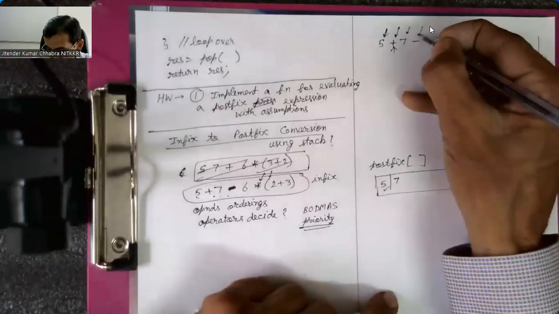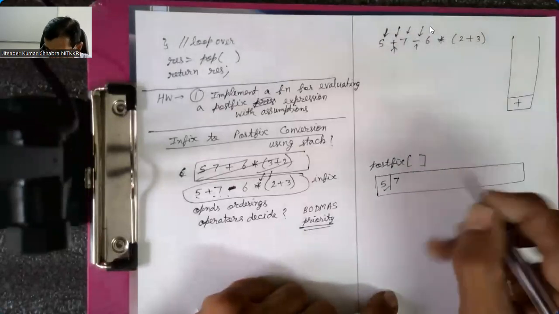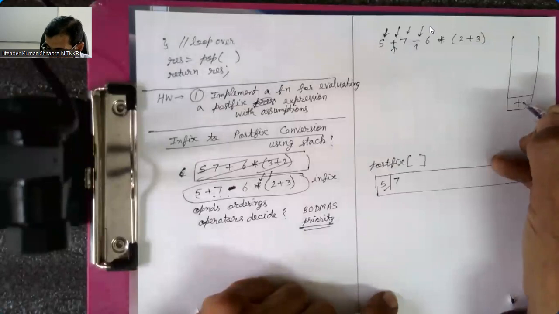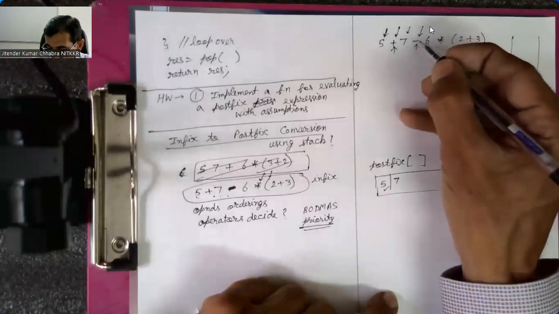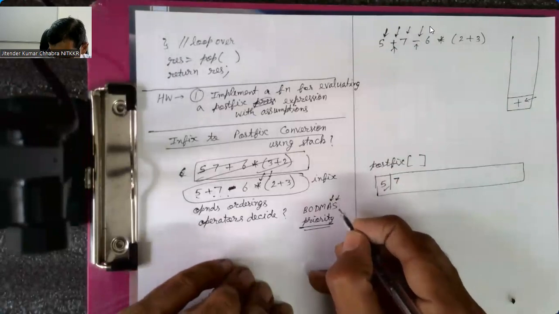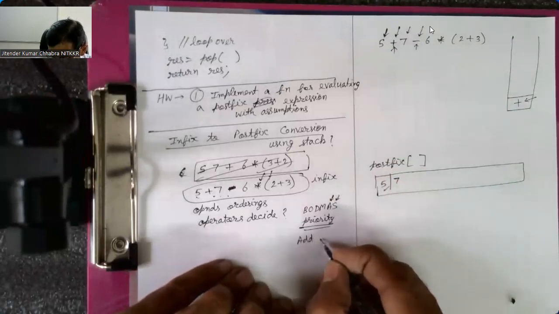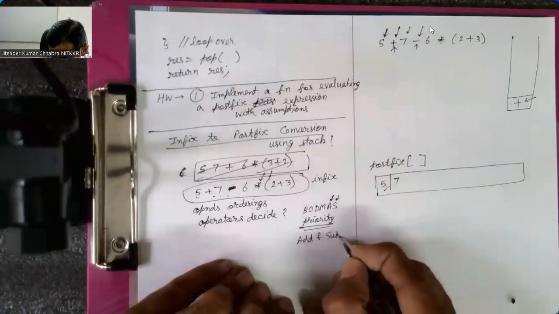Now comes a minus. This minus will surely go into the stack, but before that, will this plus be allowed to be operated? That depends on the BODMAS rule. In the BODMAS rule, remember, add and subtract don't have different priority.